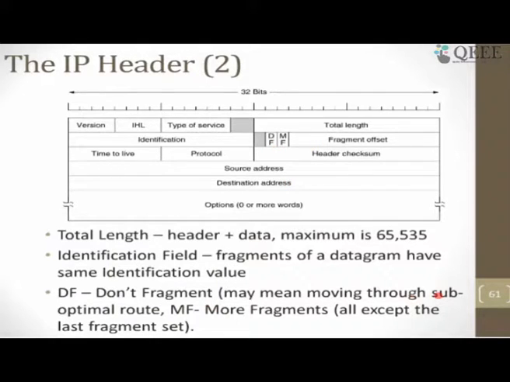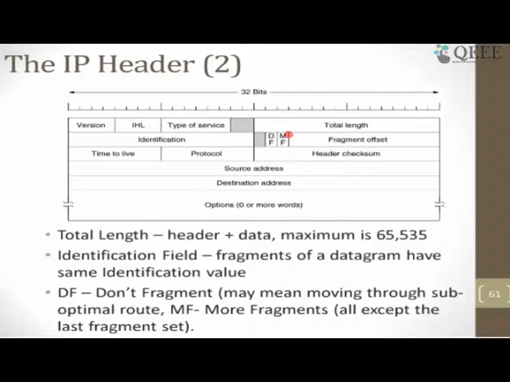And with that identification there are 2 flags, DF and MF. DF means don't fragment, meaning this packet is not to be fragmented, and MF is more fragments. If MF is 0, it means this is the last or only fragment.